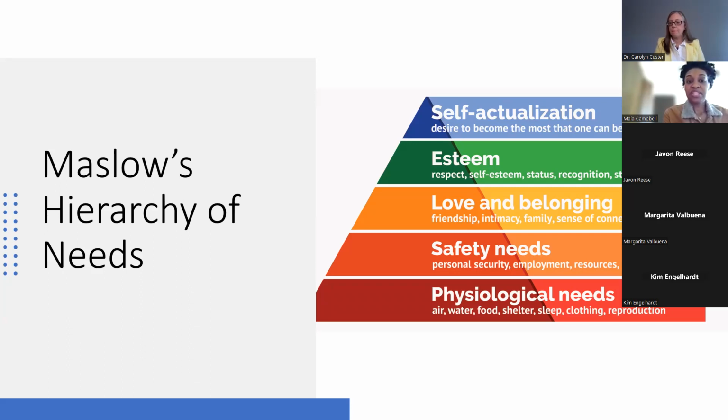So that just puts things in perspective. When that bottom level is not met, it's difficult to talk about self-esteem if I don't know how I'm feeding my children tonight. Thank you, Maya. Yes, we always need to address these needs.